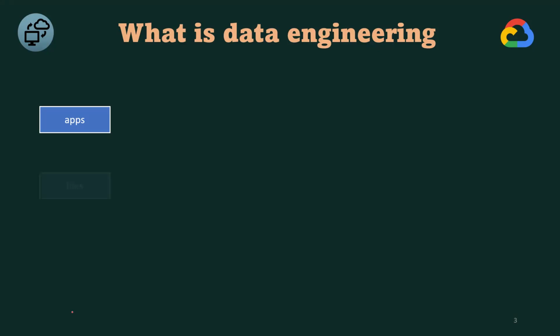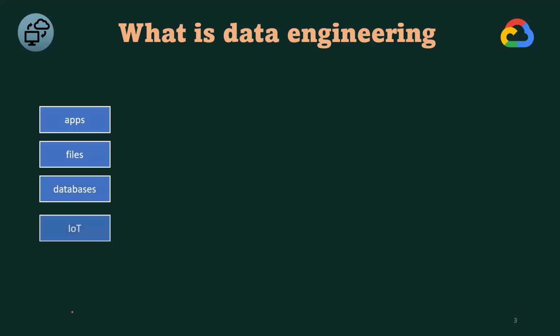Similarly, there can be a file. A file can be a CSV file, JSON file, Avro file, or anything where the data is stored. That is also a data source for you. You may have data coming from databases.